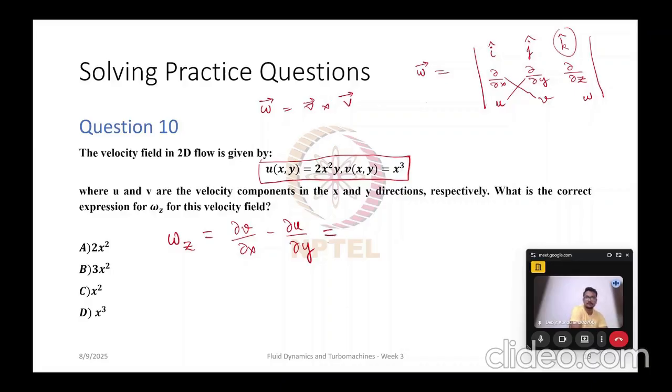Okay, so now let's plug in the values of u and v, which we know are 2x squared y and x cubed.